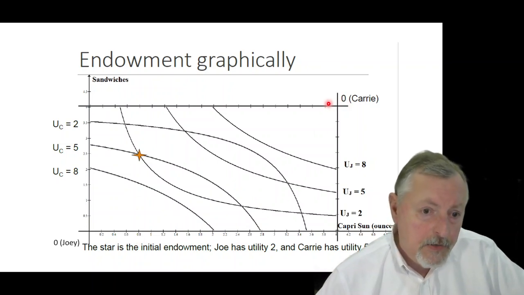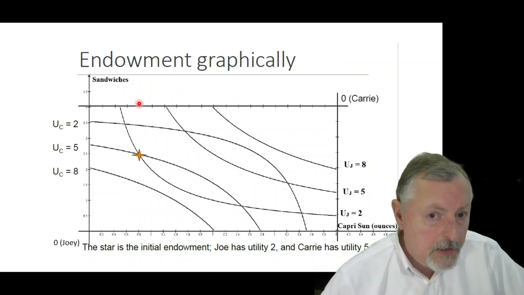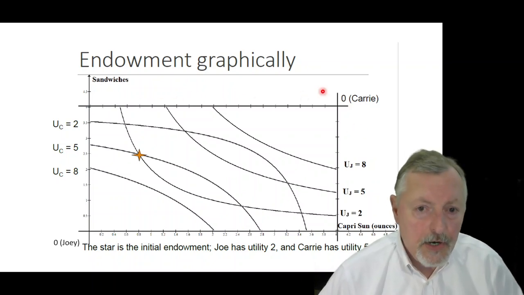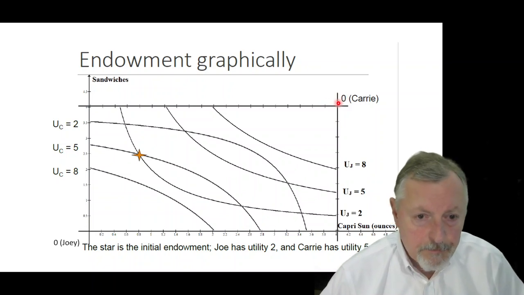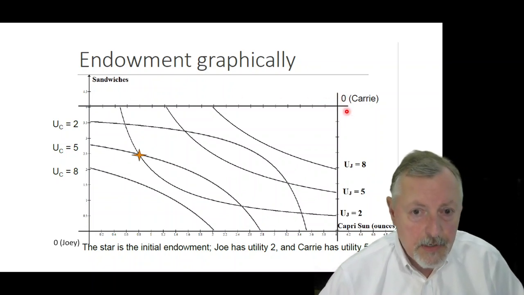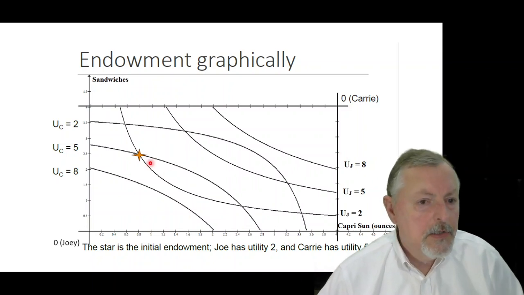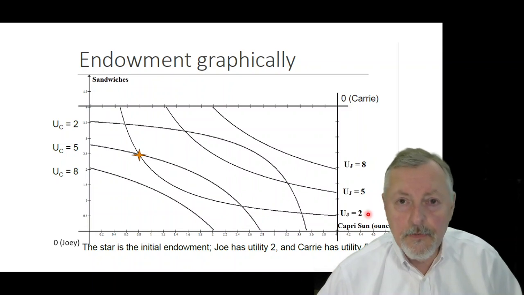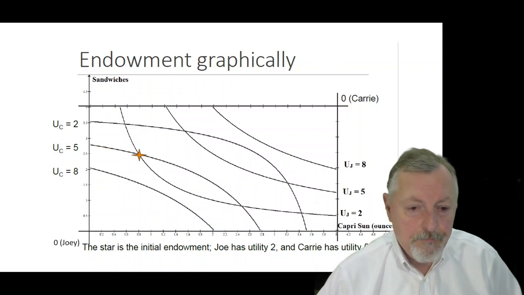Carrie has, let's see, there aren't units for her going in her direction, but she has a lot of Capri Sun and she has some sandwiches. So we start out, for Joey, on his utility curve 2, and for Carrie, on her utility curve 5.